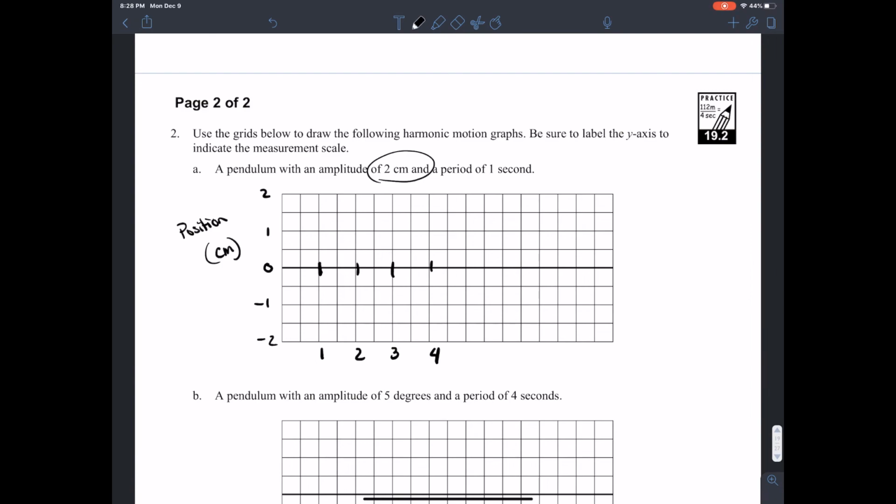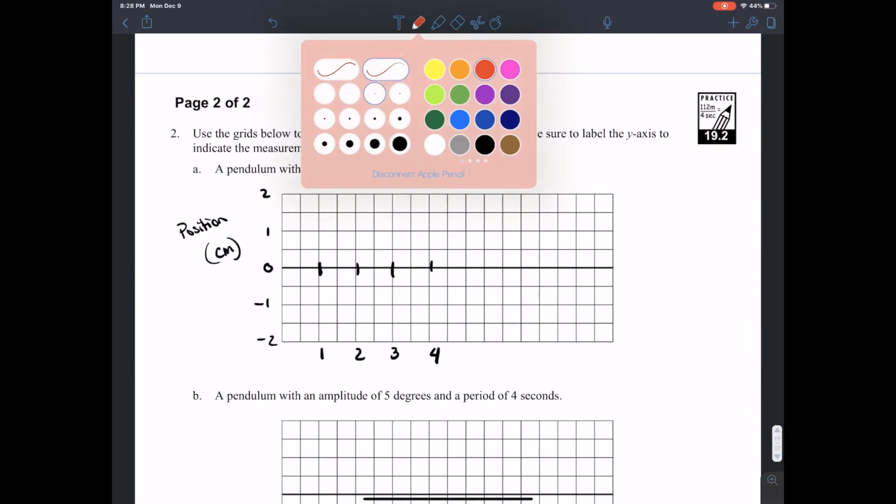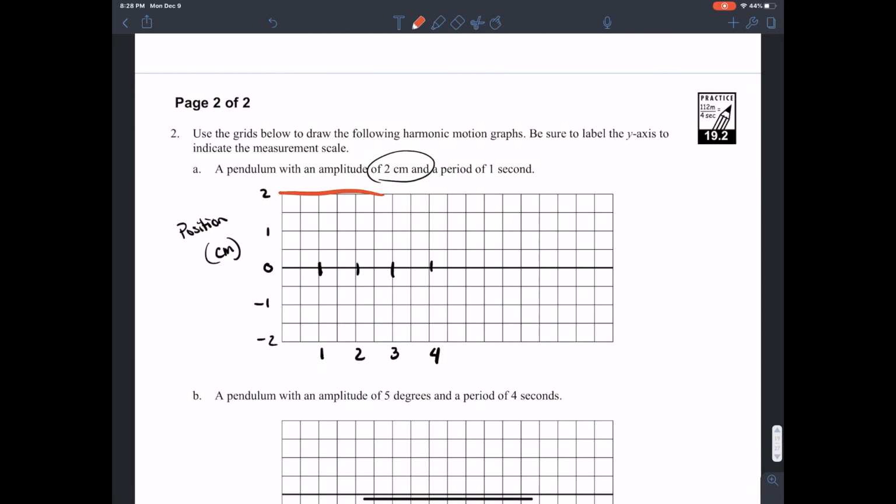I know that I'm going to have an arch that is going to max out up here somewhere, and the trough is going to max out down here like this. But I need to have one complete cycle within 1 second. So this thing has to go up and then back down again in 1 complete second, 1 cycle, 1 back and forth motion in that time frame.